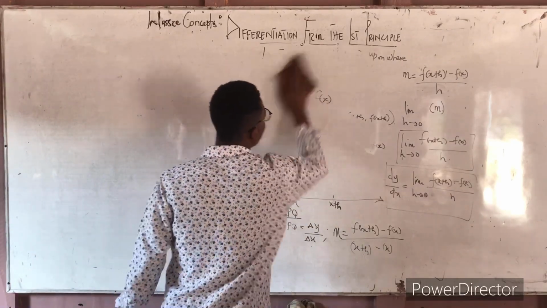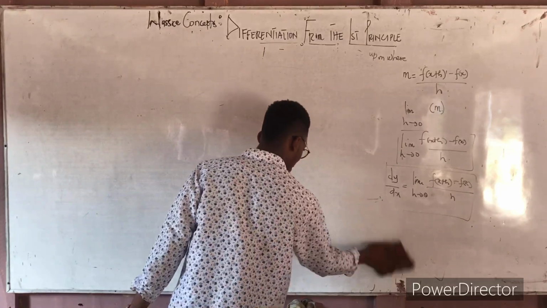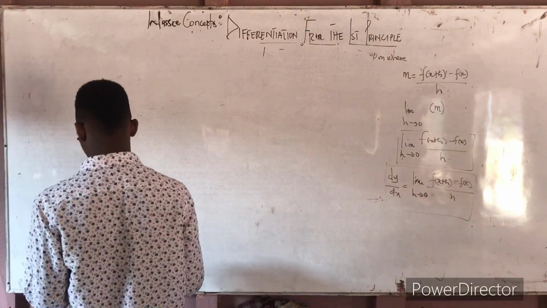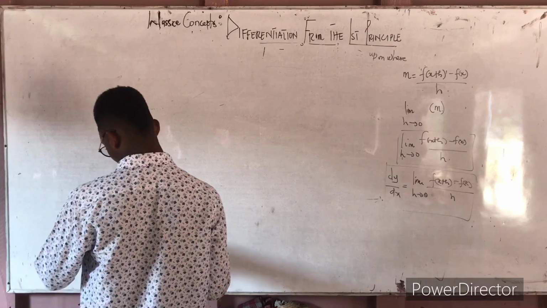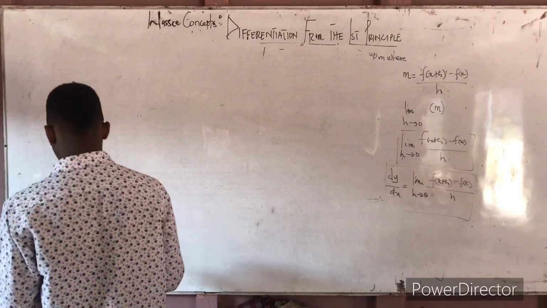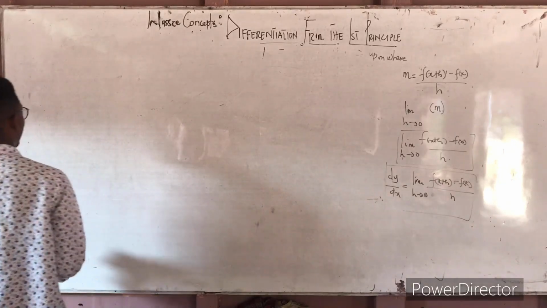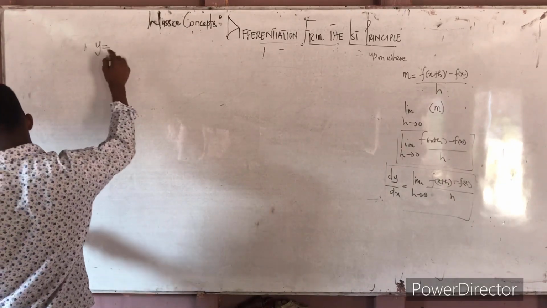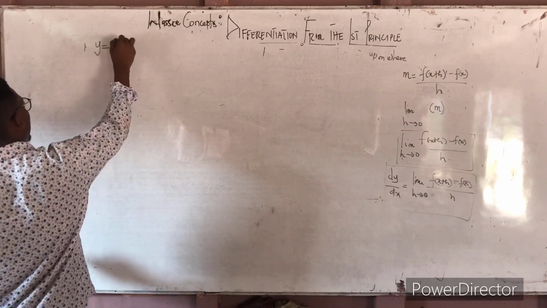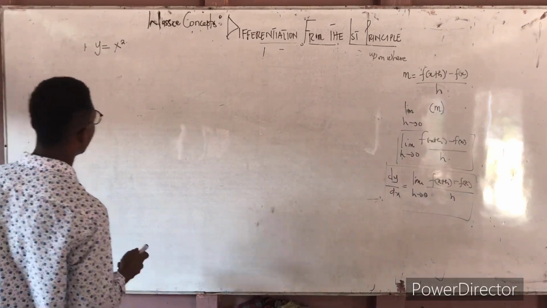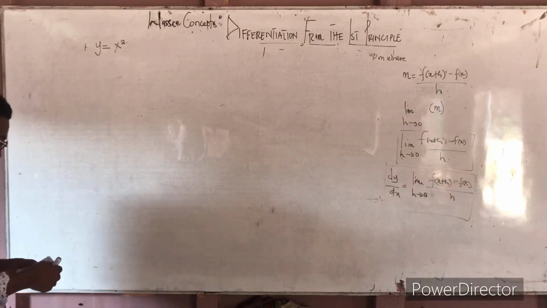So the first example says that using the first principle, we should find the derivative of a function y is equal to x squared.